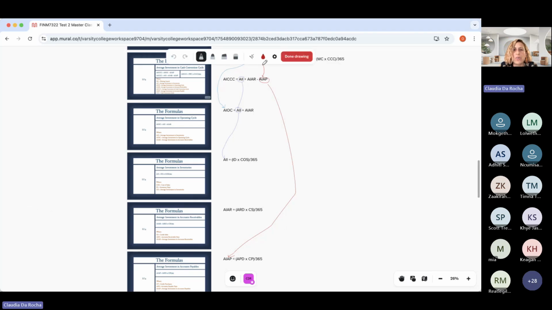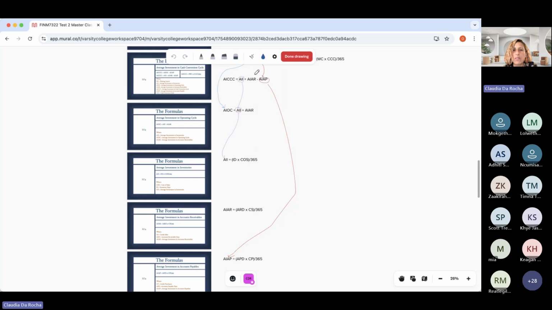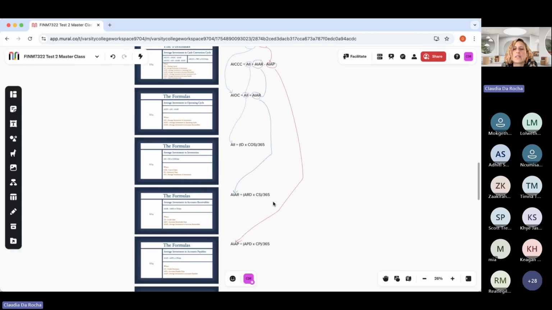Including your investment in accounts receivable. So investment in accounts receivable is there, and then we have the specific calculation for it.